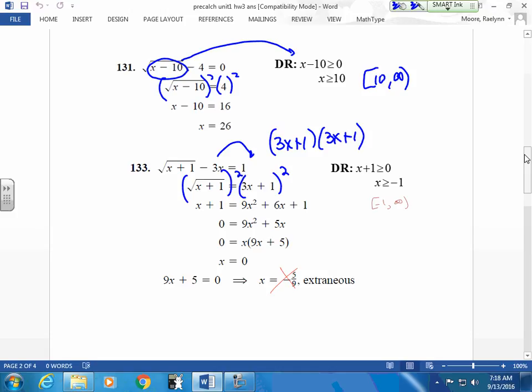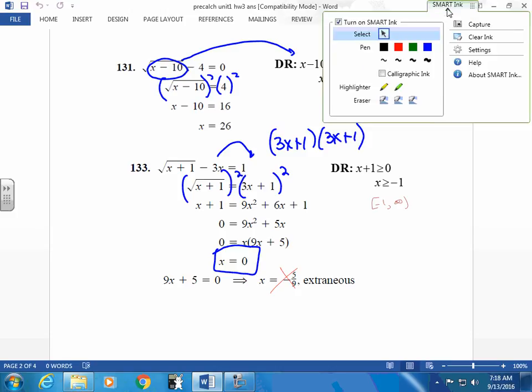Even though this is within the allowable domain, it doesn't work. It's an extraneous solution. Everybody's good with this? We can absolutely do them over, whatever you like to do.